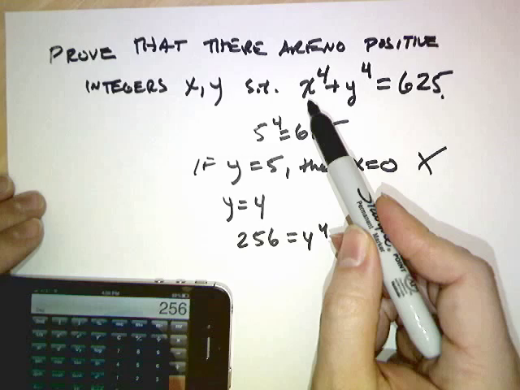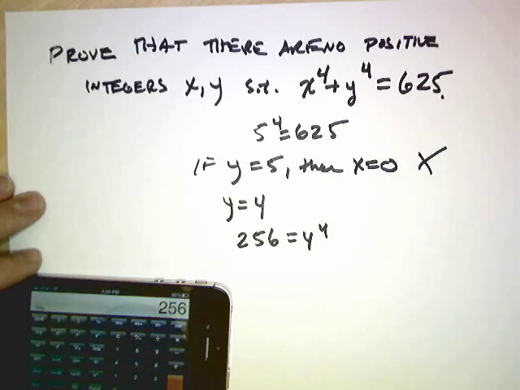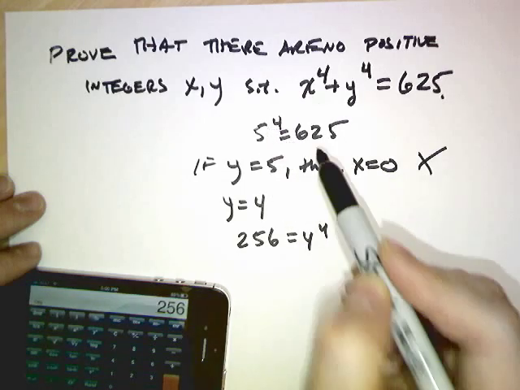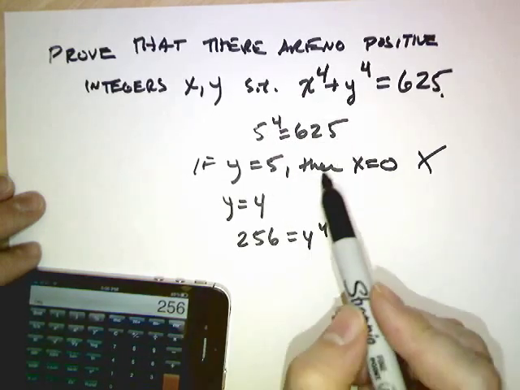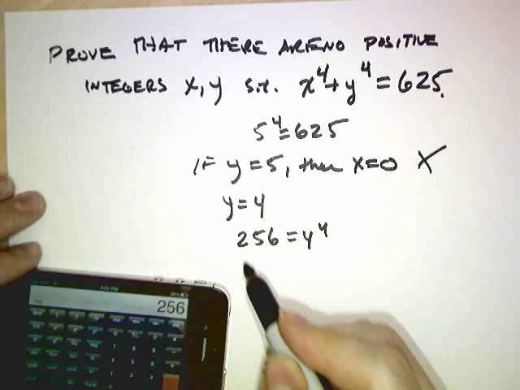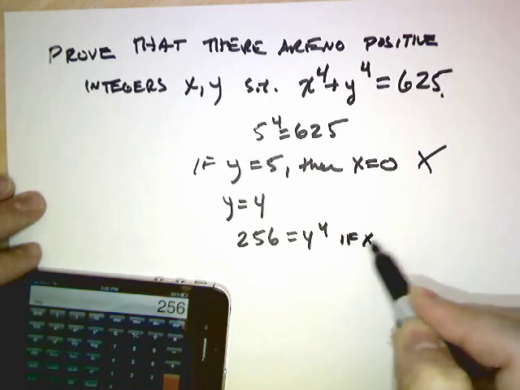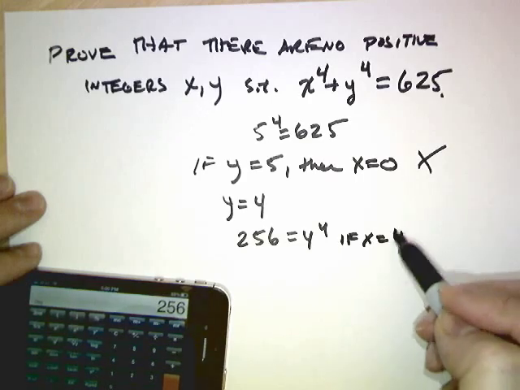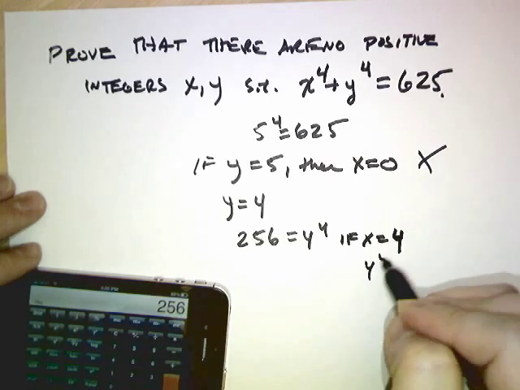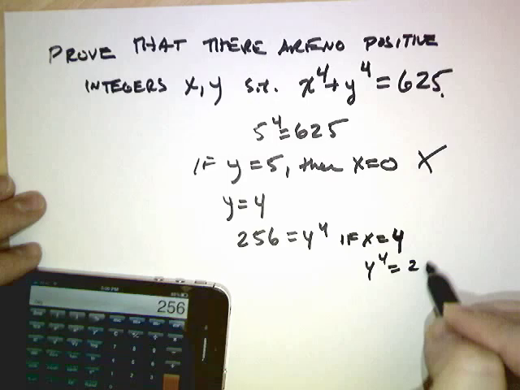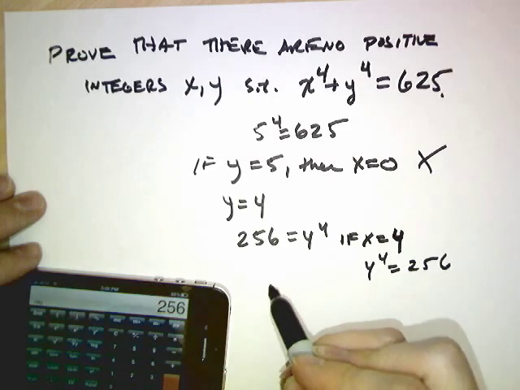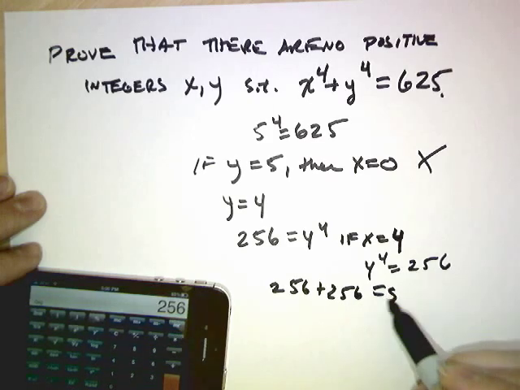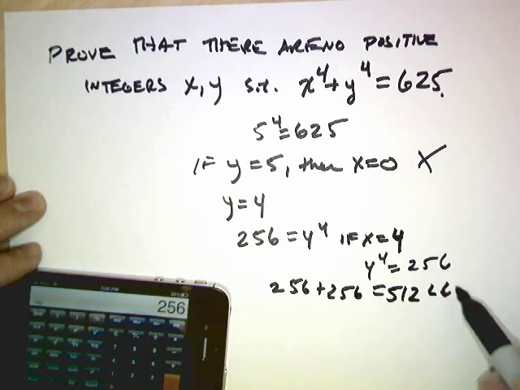Well, we can't take x to be 5 because that'll be too large. We'll be adding 625. So if we take x to be 4, then again 4 to the 4 equals 256, and so we'd get 256 plus 256, which equals 512, and that's less than 625.